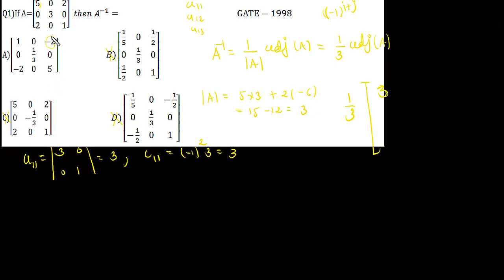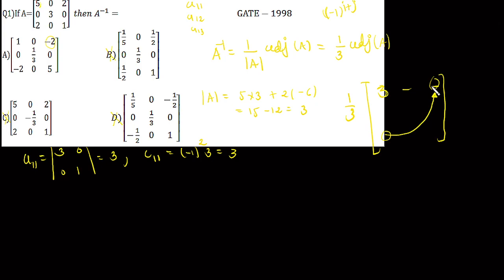Let's first find the minors. We are interested in this place in the adjoint matrix. We have to find the minor of this element in the original matrix, because after the cofactor matrix we take the transpose, so this element goes here after taking the transpose.